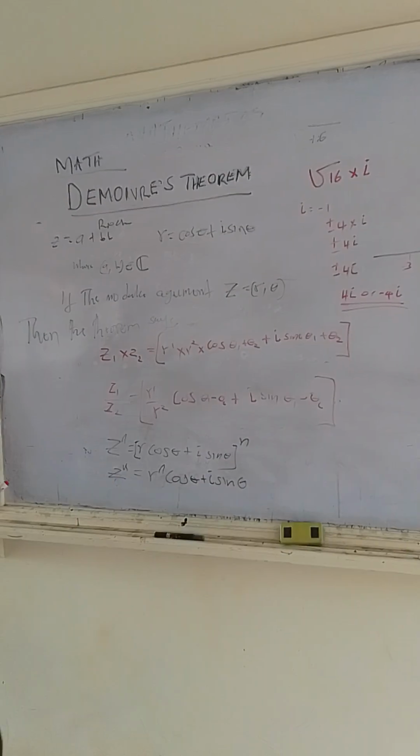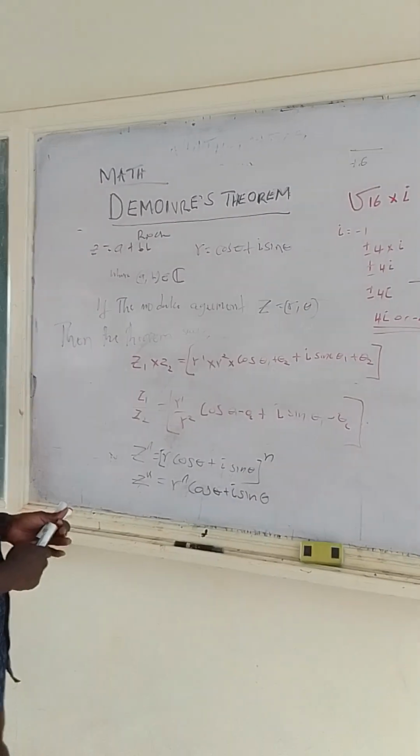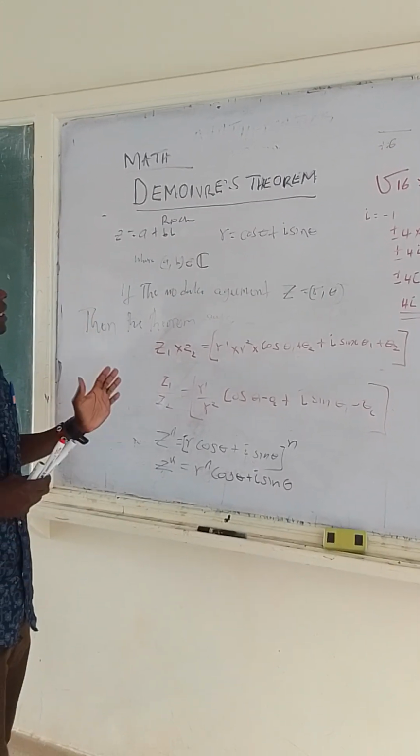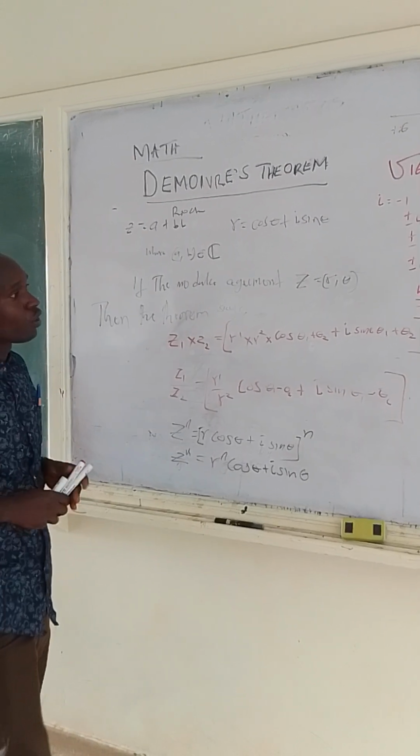So this is the concept of De Moivre's theorem. If you apply this concept, you will find it easy to tackle questions on complex numbers.